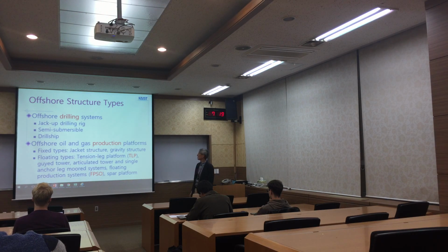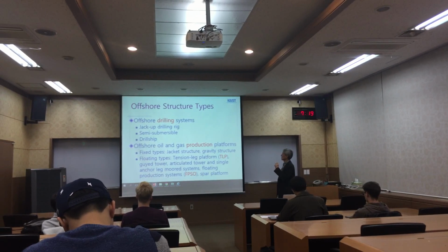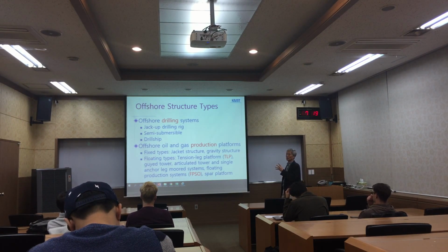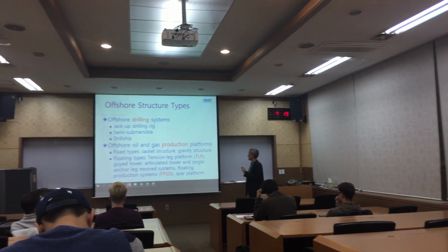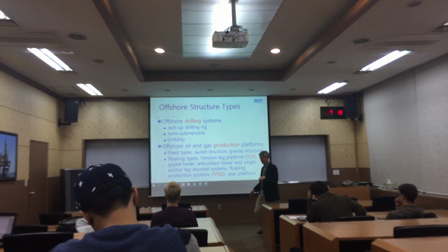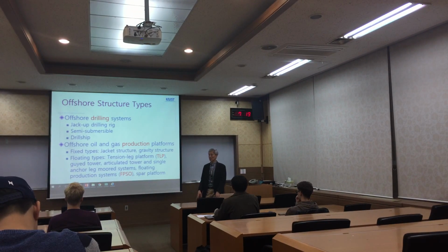And types, there are different types. And also, again, two groups. One is for drilling, second is for production. So the drilling system also, but the type is very similar, drilling or production, by how to make a platform. Right? So jack-up type, semi-submersible, and drill ships. Jack-up type usually stands on the seabed, same as a land side building, so it's only for shallow water.